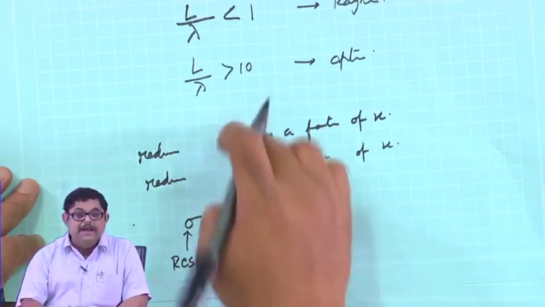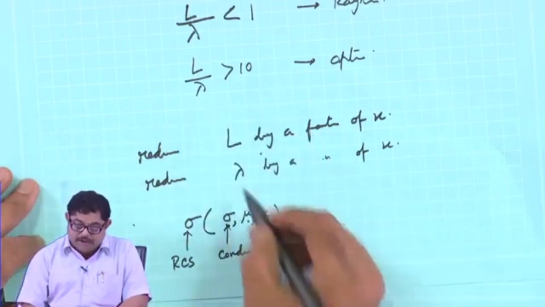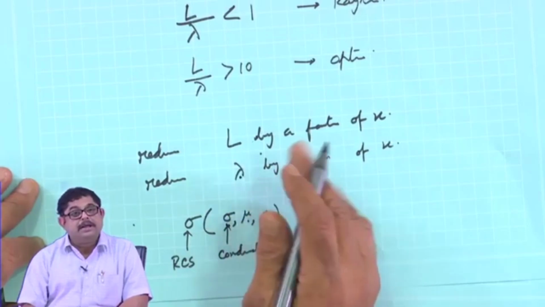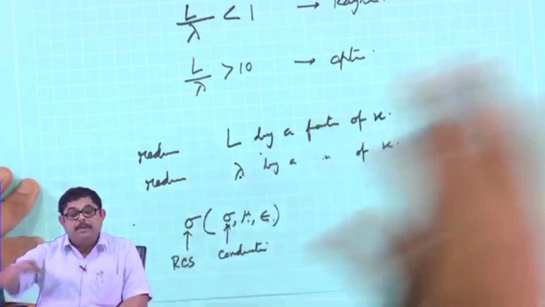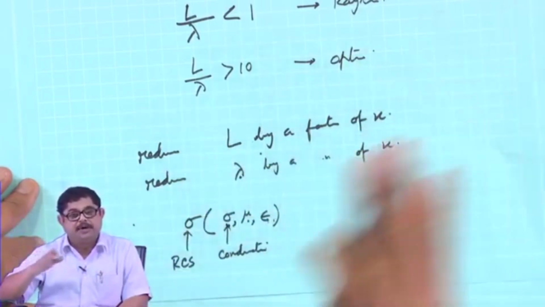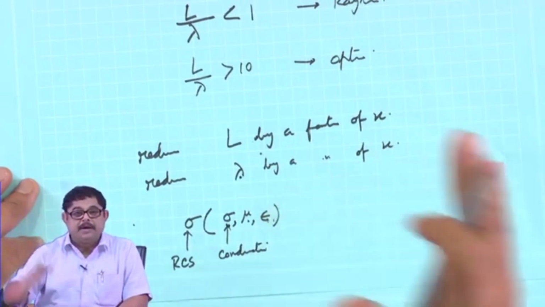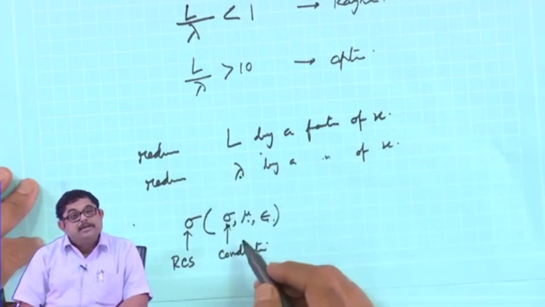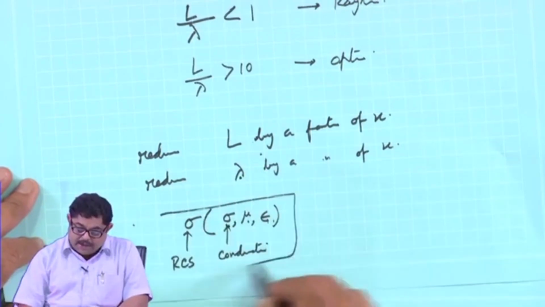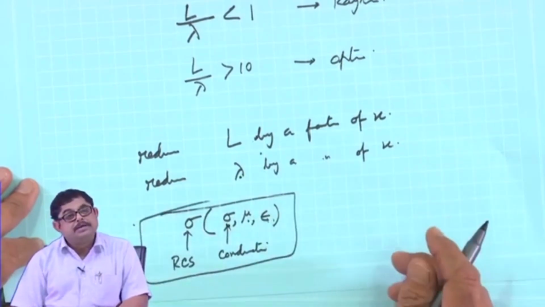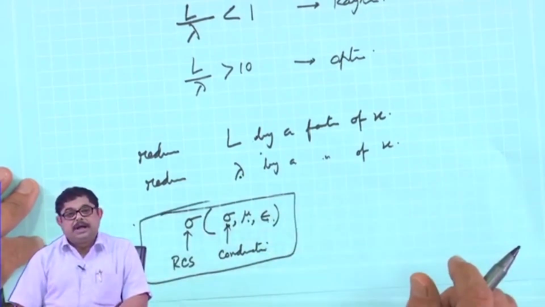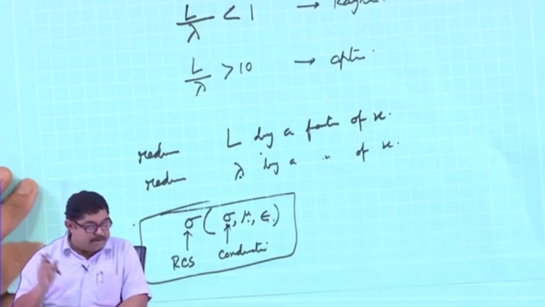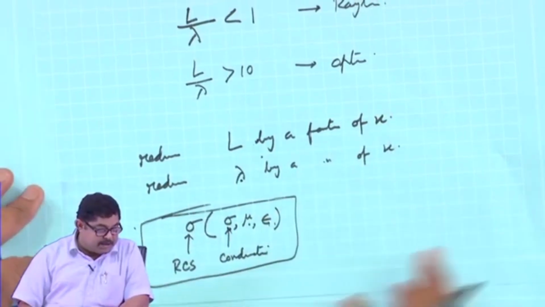So, this scaling you cannot do, because when you do the scaling, the inherent assumption is that all the parameters are linear functions of frequency. If it is not so, then you cannot do the reduced scale measurement, you will have to do the full scale measurement.